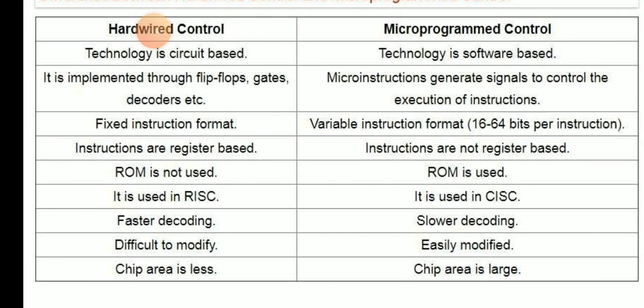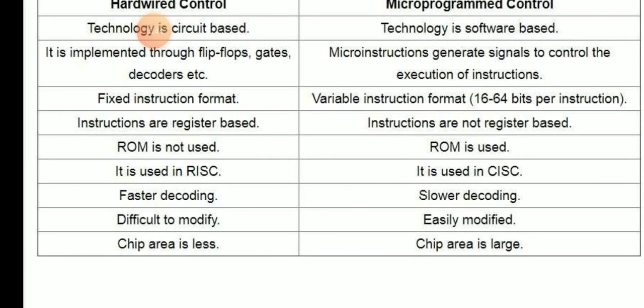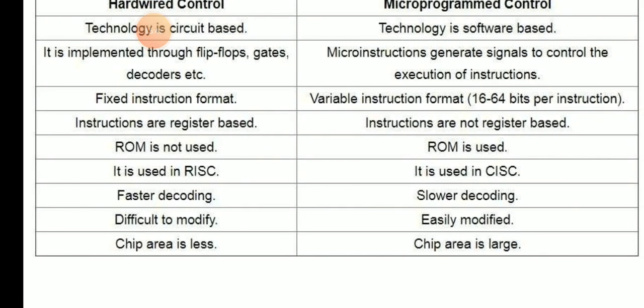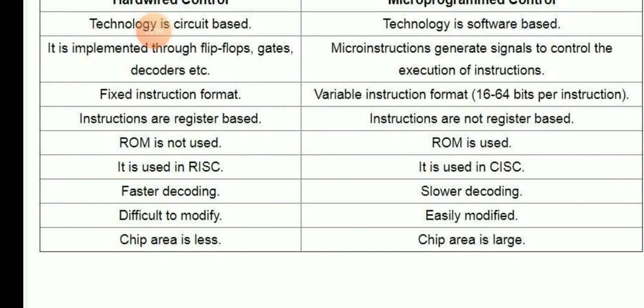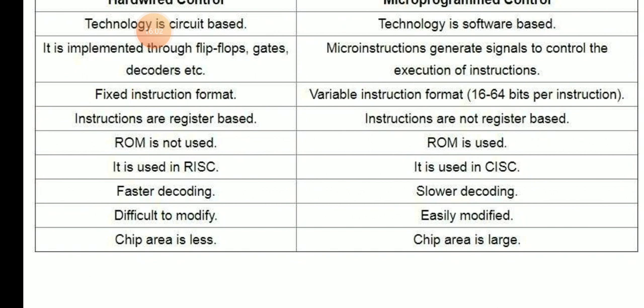Instructions are register based versus not register based. ROM is not used versus ROM is used. Used in RISC versus used in CISC, that is reduced instruction set computer and complex instruction set computer. Faster decoding versus slower decoding. Difficult to modify versus easily modified. Chip area is less versus chip area is large.